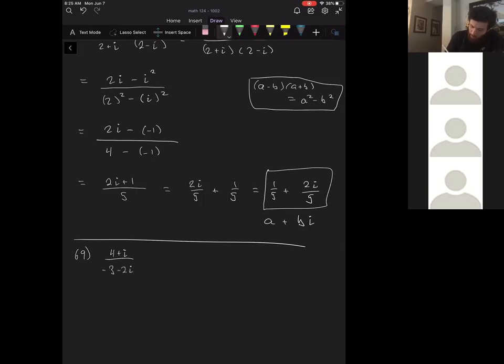So you see now on the bottom, what we have is this minus sign here. So what we're going to want to do is turn that into a plus sign. So we're going to do minus 3 plus 2i. Let's put this into a plus bi form again.